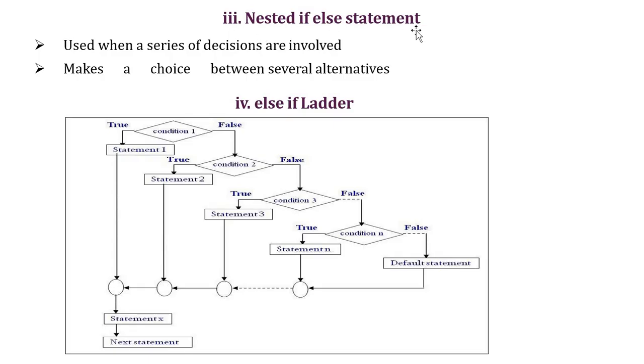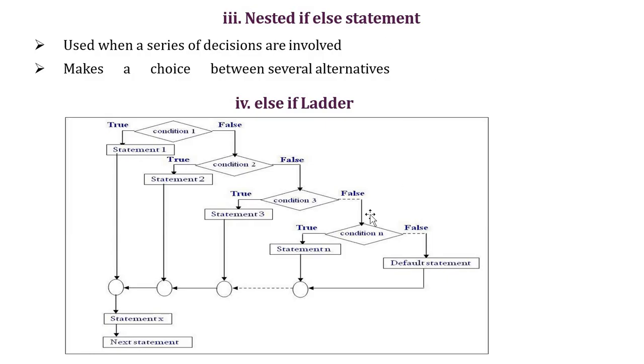Next you have the nested if else statement. Nested if else and else if ladder can both be used where you have a series of decisions to be taken. This makes choices between various alternatives. In nested if else, you have an if else statement inside another if or else block.